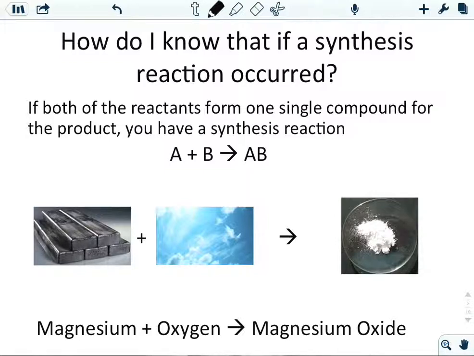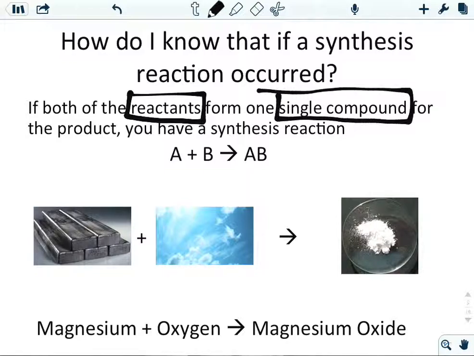Basically, if you go from two or more things to one thing, you have a synthesis reaction. Another way we say synthesis is a combination reaction.